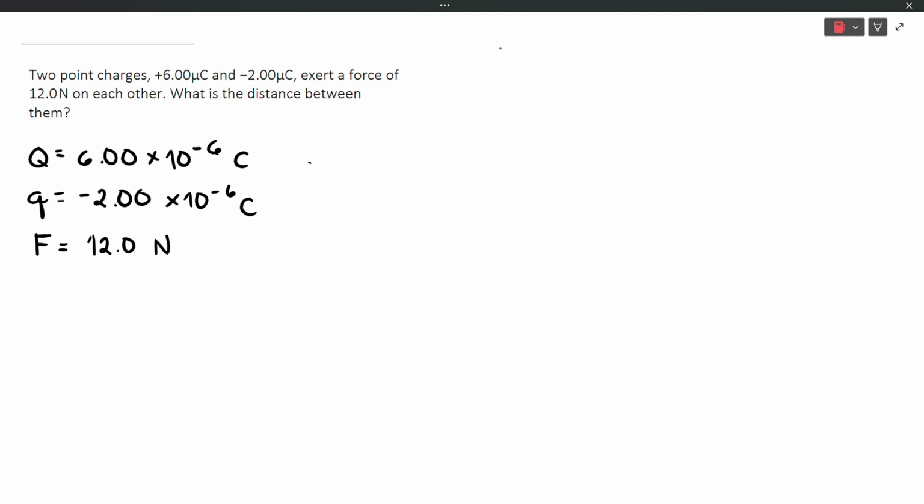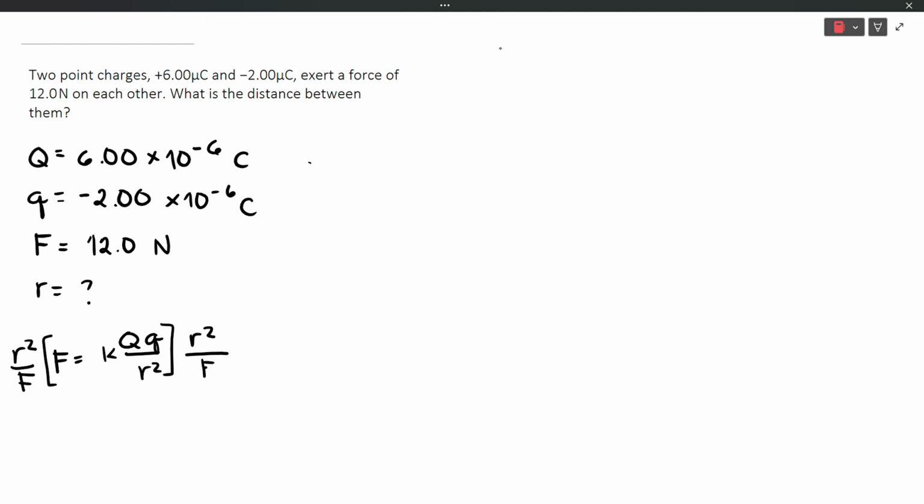Now, solving for that. Okay, let's now solve for this. What is being asked is R, so from our formula, F is equal to K times Q over R squared. So multiply both sides by R squared, and then divide both sides by F for you to remove that F. Okay.